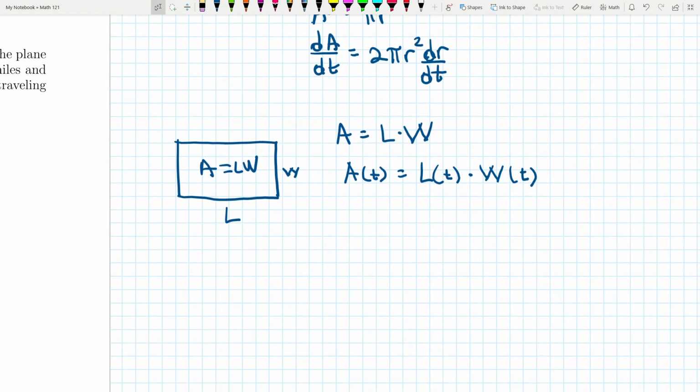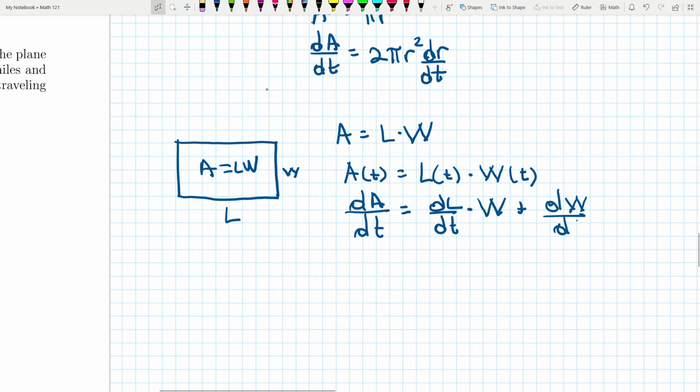So when it comes to taking the derivative, it is the total area changing because of time. In this case, we're going to use the product rule. So the derivative of L, which will be dL/dt, times the width, plus the derivative of the width with respect to time times the length.